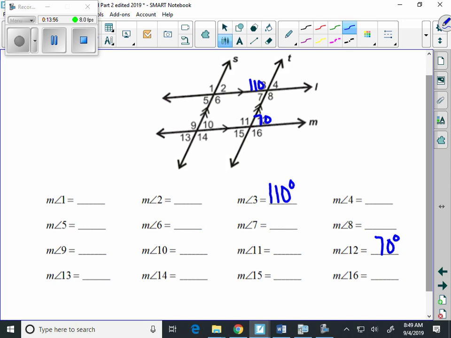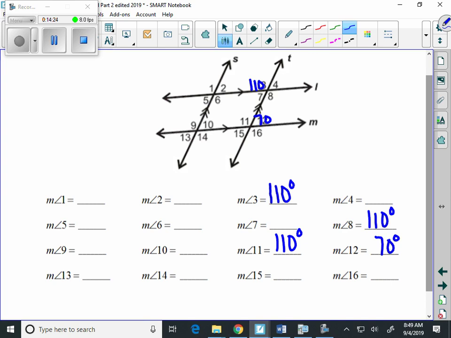For instance, angle 3 is 110. It's on the top of the parallel line and to the left. Angle 11 is on the top of the parallel line and to the left of the transversal, so angle 11 is 110. 110 is vertical to angle 8, so vertical angles are the same.